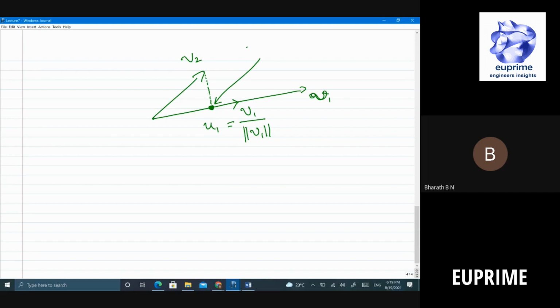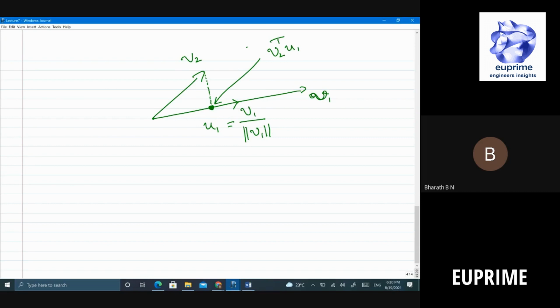So essentially, if I want to project V onto U, it's V transpose U, in Euclidean space. So the length of this is nothing but V2 transpose U1. I'm going to project onto U1, the unit vector, not V1. So I'll project it onto this.